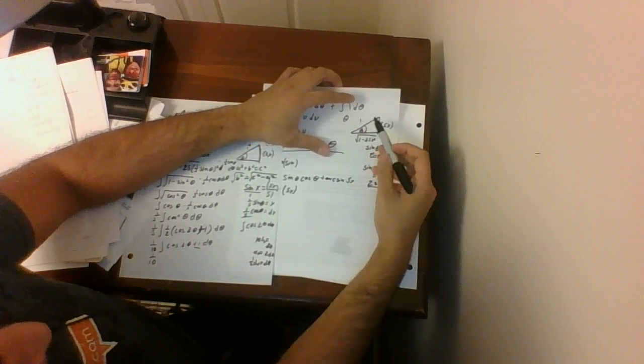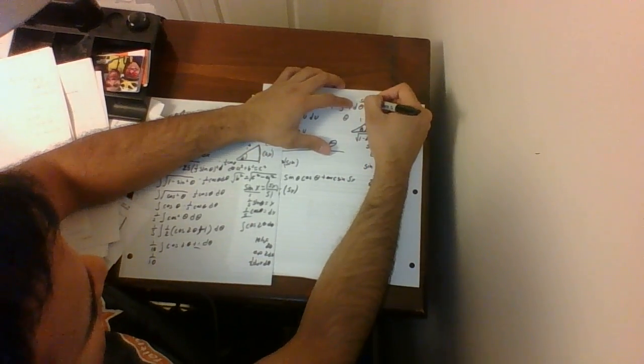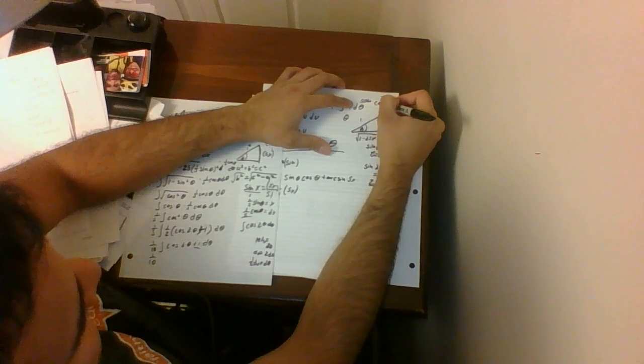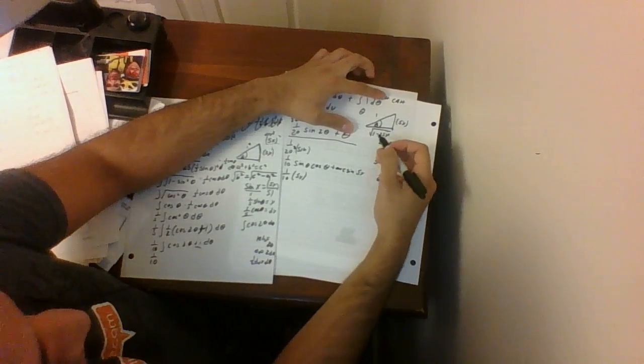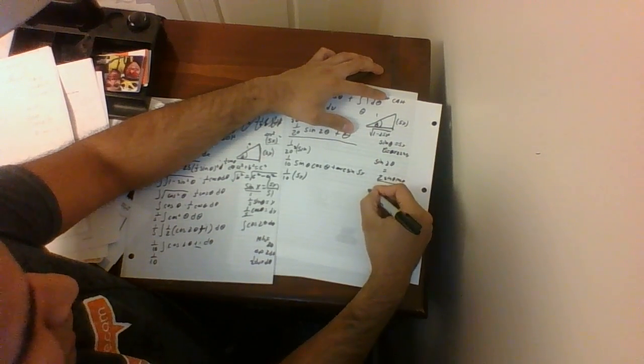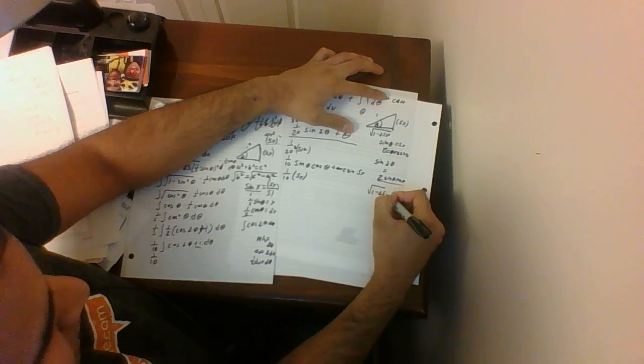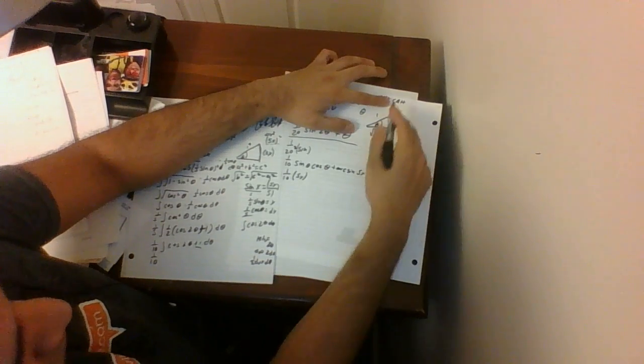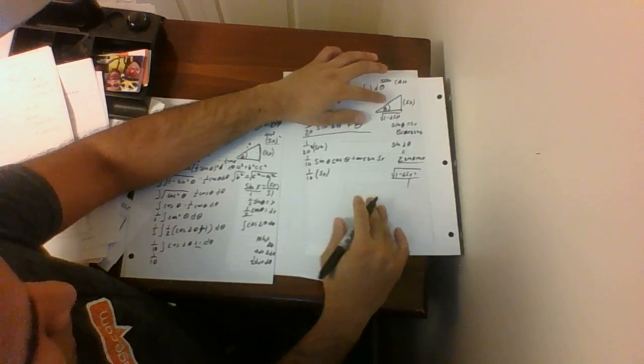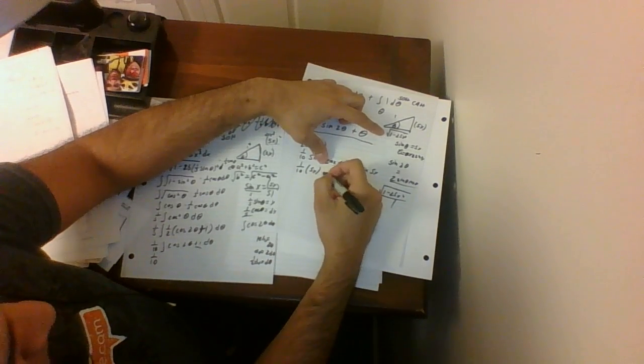Cosine is adjacent over hypotenuse. So here's your adjacent. So your adjacent is the square root of 1 minus 25x squared, right? Over your hypotenuse, which is 1. So we have everything now.